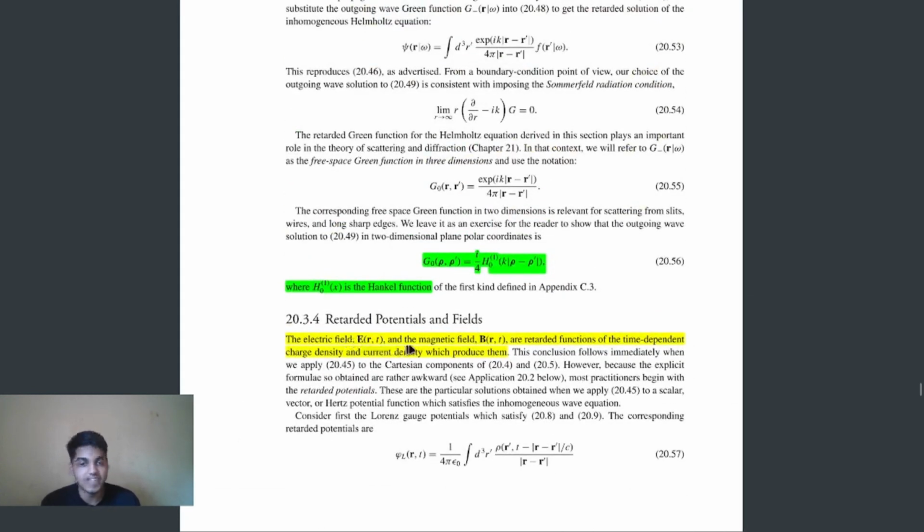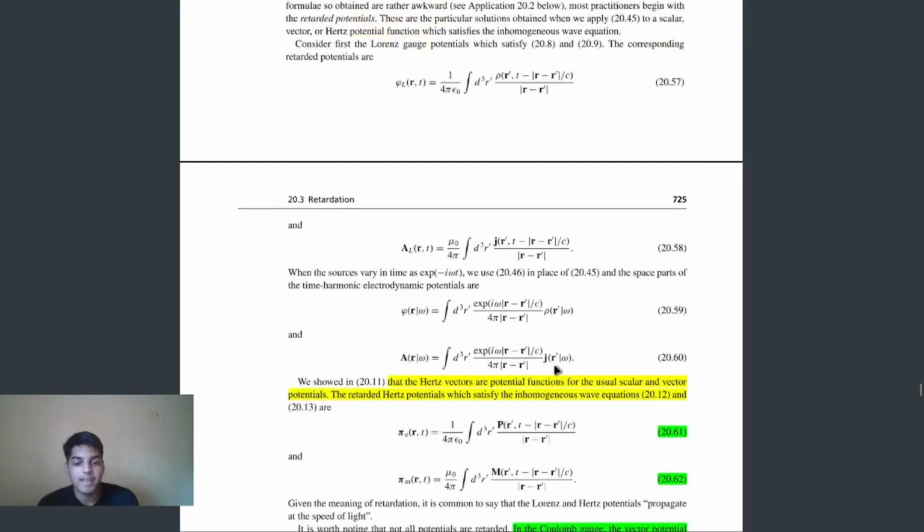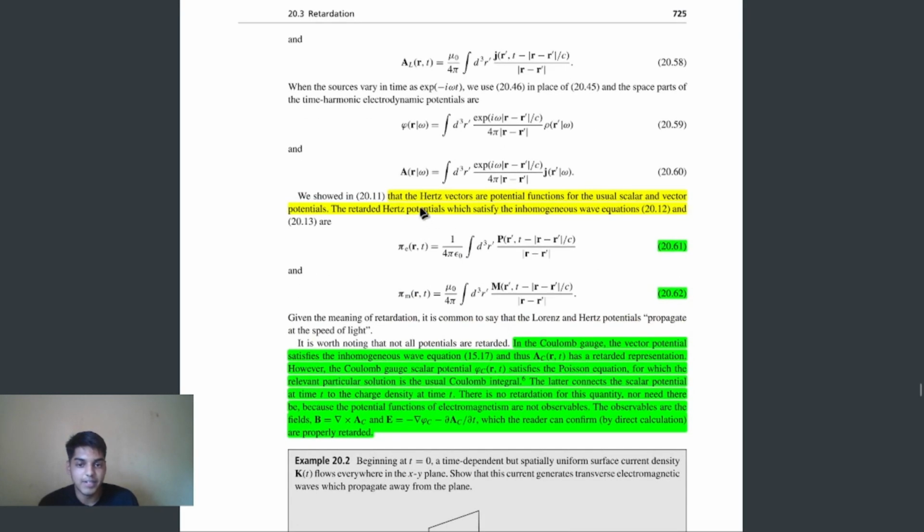The electric field and magnetic field are retarded functions of the time-dependent charge density and current density which produce them. Here they produce Hertz vector potential functions for the usual scalar and vector potential.